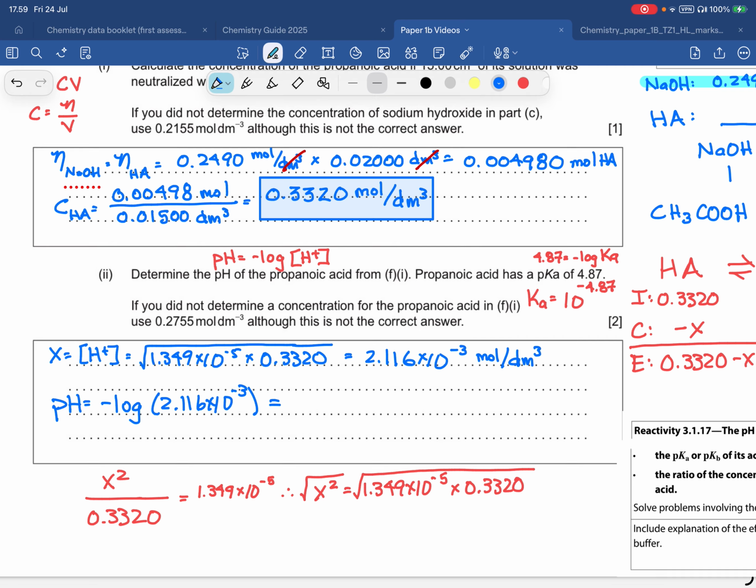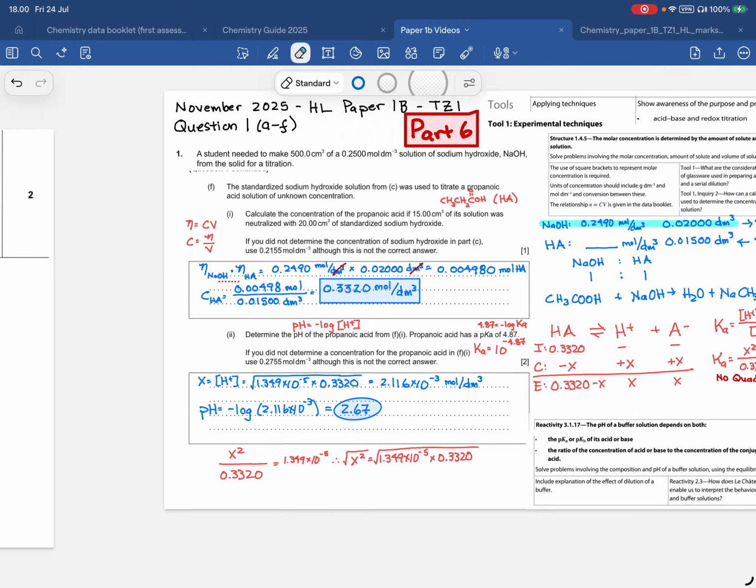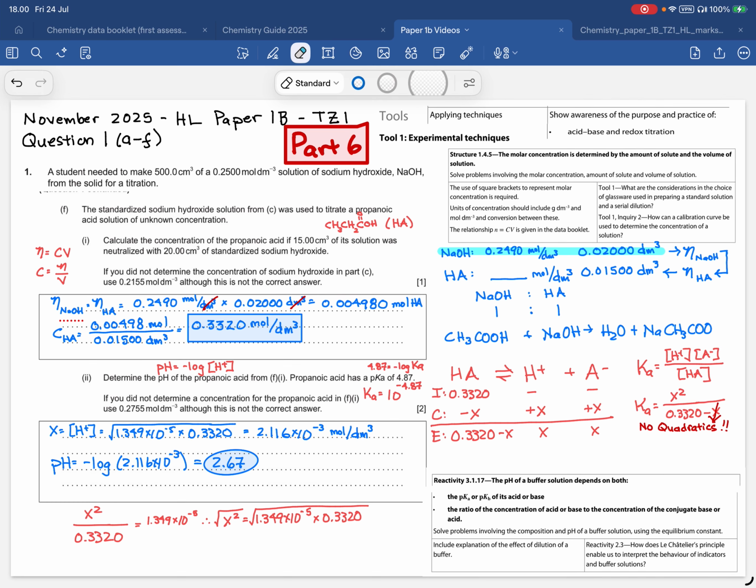All right, so negative log answer, and I get a pH of 2.67, which makes sense because it is propanoic acid, by the way, so the pH should be less than 7, and that makes some amount of sense.